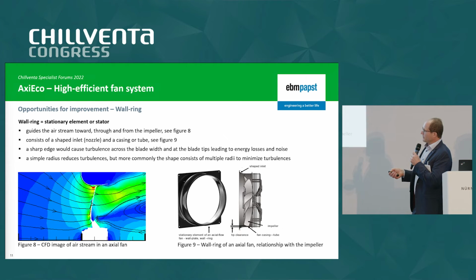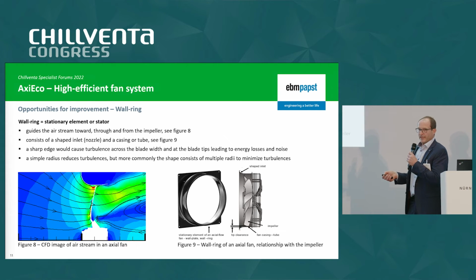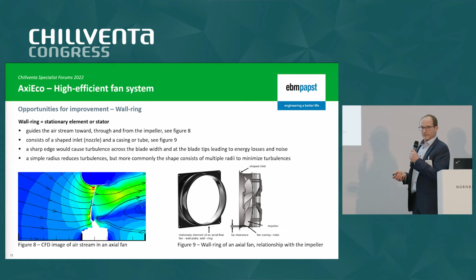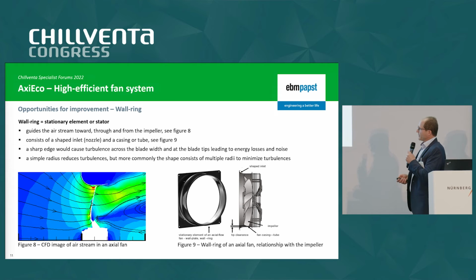And this can only be reached by not just having one radius, but having a combination of multiple radii to minimize turbulences in that area. So this is the main thing of a wall ring and the main task. So the radius, but also the length of the tube has an influence on the efficiency of the fan, but also on the noise, of course.